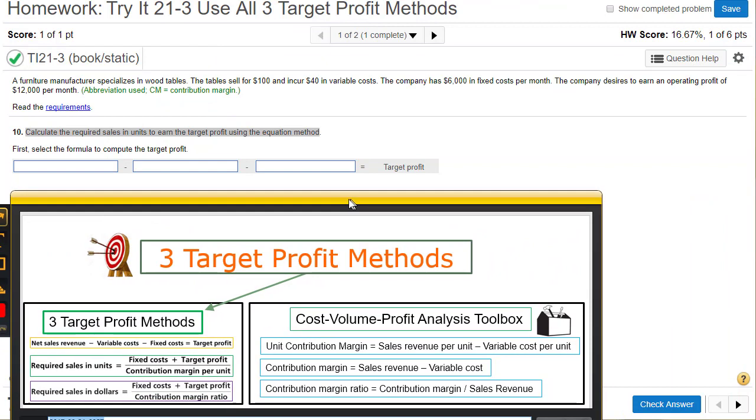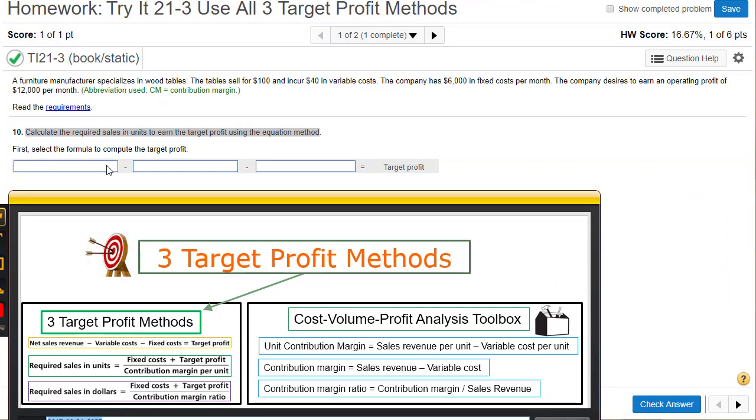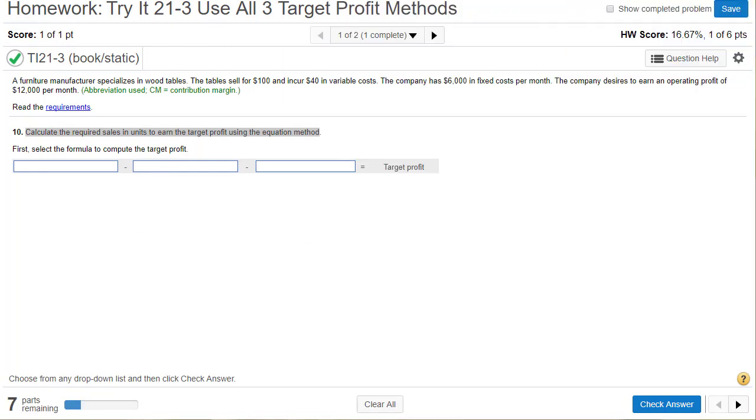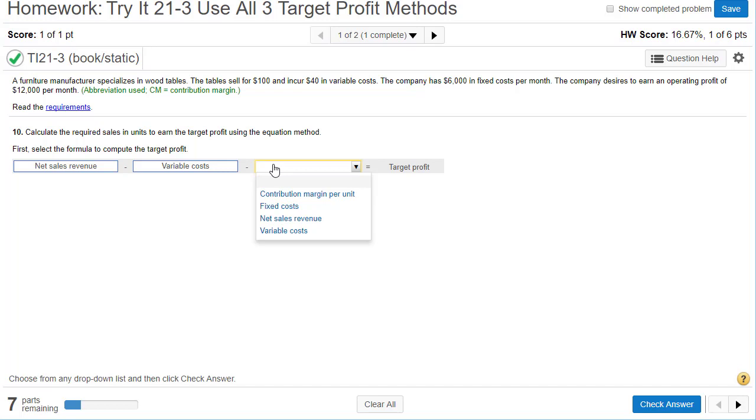The first question is, first select the formula to compute the target profit. So it's sales revenue minus variable minus fixed. Net sales revenue minus variable costs minus fixed costs gives us our target profit.